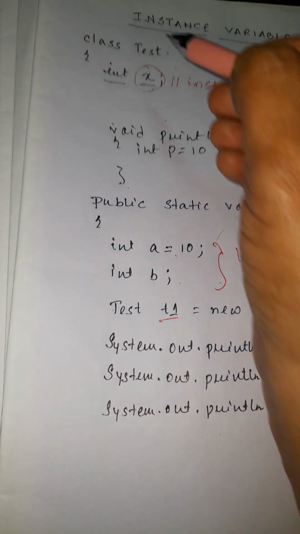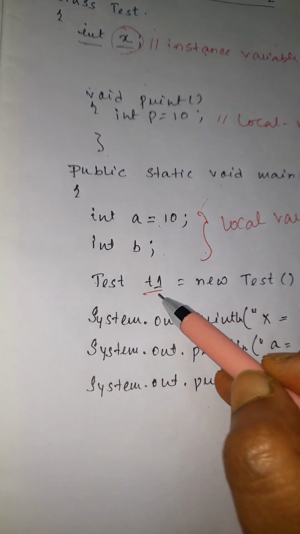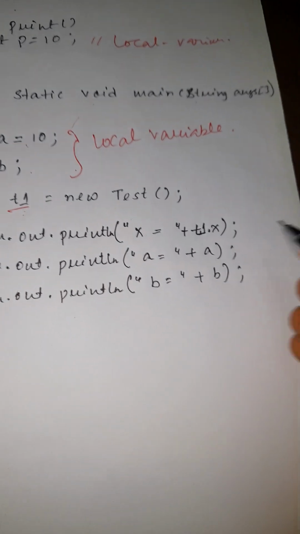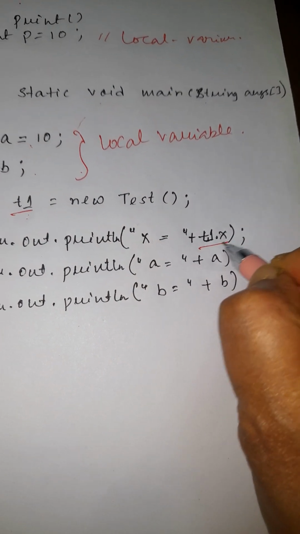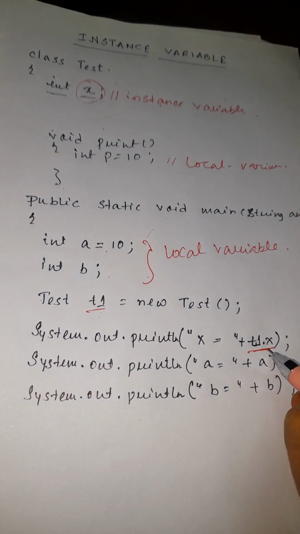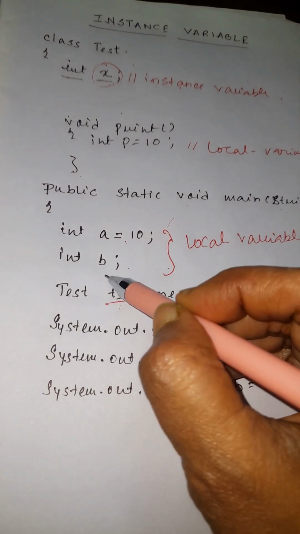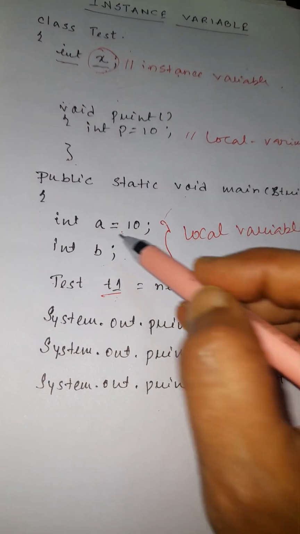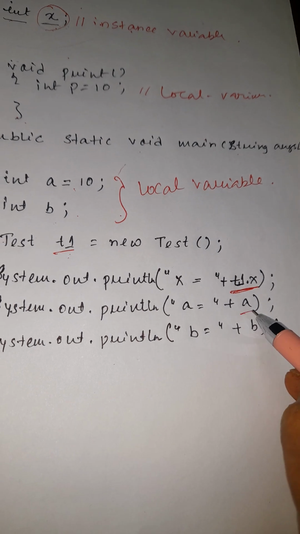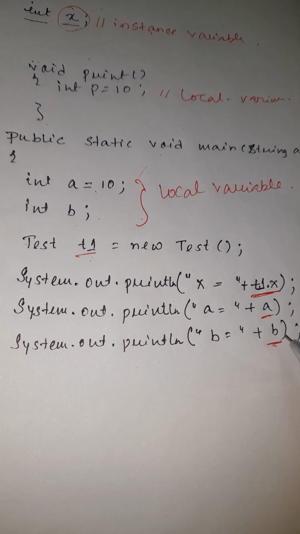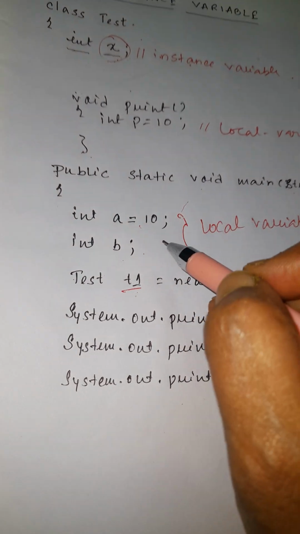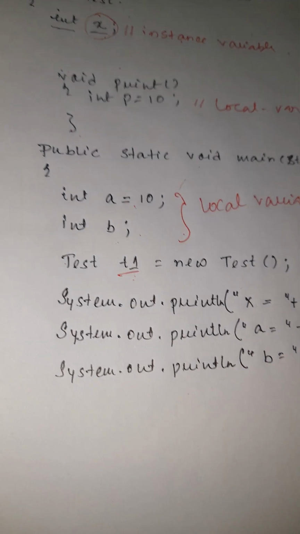Clear? So here this class is Test, I declared one object. This variable I call with the help of the object, as x is an instance variable of the class. But this a and b are normal local variables, so that's why I can directly use these two variables, because they are local variables of the main function.